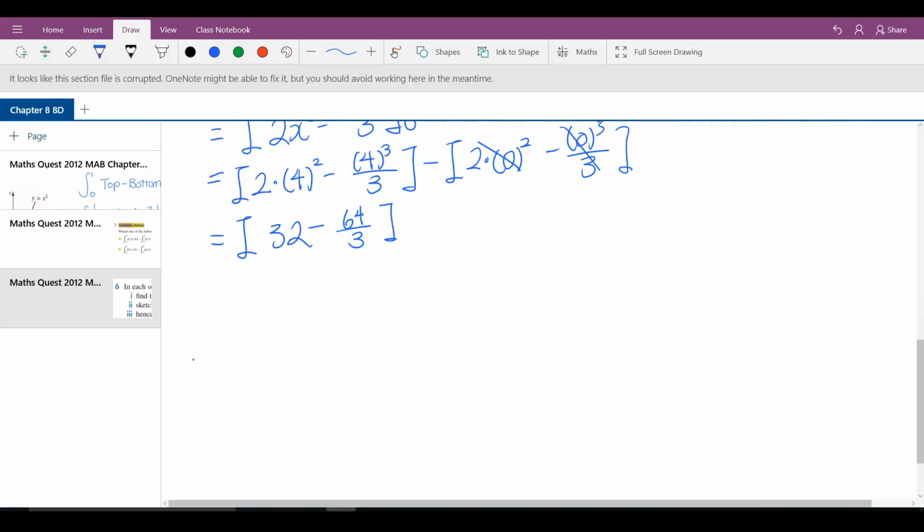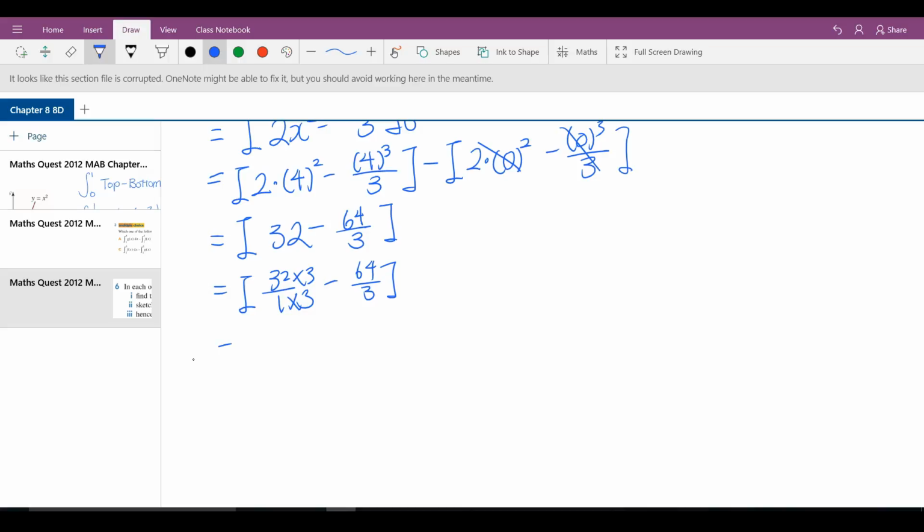Let's do our primary school method of finding a common denominator. You can use your calculator, but I'm going to use the primary school method. So 32 over 1 times 3 minus 64 over 3, which is equal to 96 over 3 minus 64 over 3. That will give you 32 over 3.